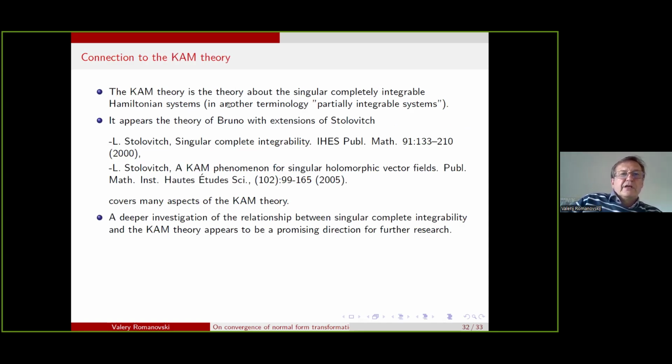And maybe a relation to KAM theory. KAM theory is about completely integrable Hamiltonian systems, and another terminology is partially integrable systems. But it appears that the theory of Bruno with the extension of Stolovitch presented in these papers covers at least many aspects of KAM theory.